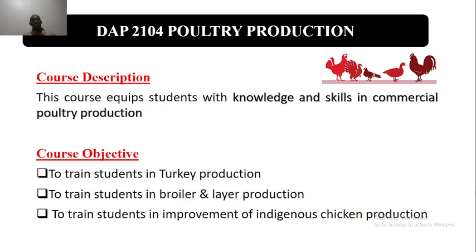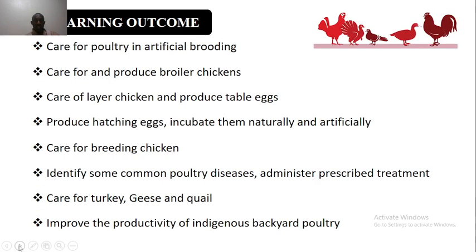For example, we see that our indigenous chickens are resistant to most of the diseases, and they are tolerant to the environment, but we have not really done some improvement on their genetics so that we can conserve them for the future or improve on their performance. So how would we improve indigenous chicken production within our regions, our areas?